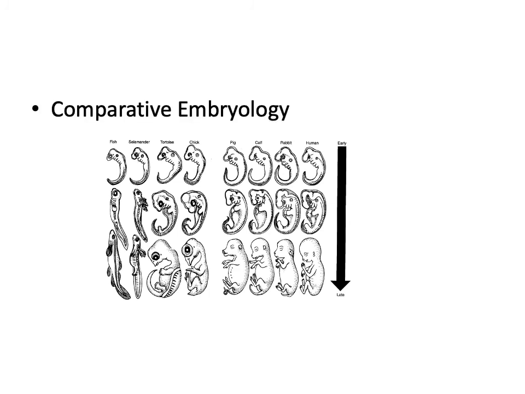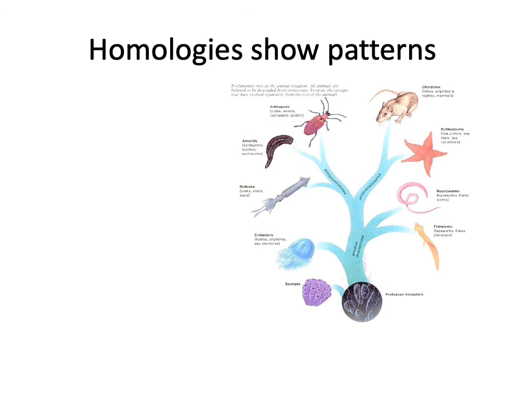And by looking at these different characteristics, we can see which organism is most similar to other organisms, and we can see patterns in how organisms are related to each other. And we can get an idea of where they came from, what their evolutionary history was. We can see patterns in nature by looking at these various forms of evidence.